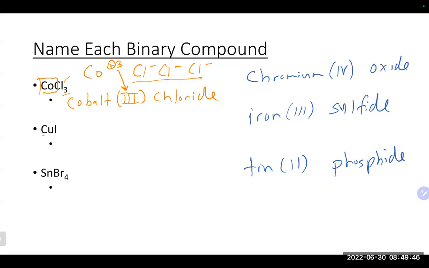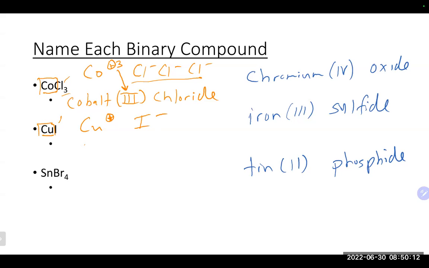Coming here is copper, a transition metal. And we have I, which is iodine, which is a non-metal. So ionic, once again, the copper being a transition metal tells us it's type 2. So we're not sure what the charge is at this point, but we do know that iodine is group 7, has a -1 charge, which means to balance it out, it must be a +1 charge on the copper here.